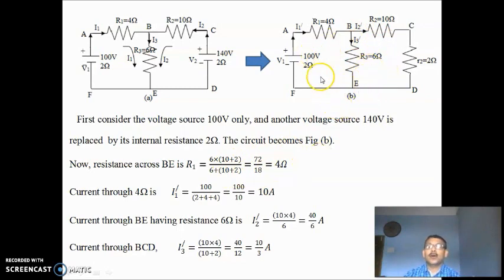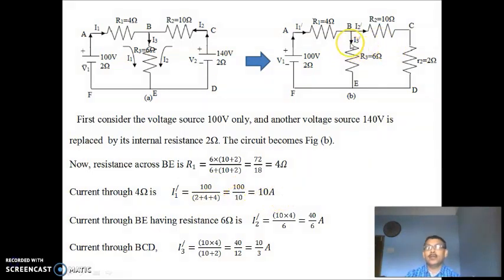Then we have to calculate the current through this resistance R1. Now voltage source is 100 volt. It has 2 ohm resistance, and the resistance R1 has also 4 ohm resistance, and the equivalent resistance across BE is 4 ohm. Therefore, the current through resistance R1 will be 100 by 2 plus 4 plus 4, 100 by 10, which will be 10 ampere.